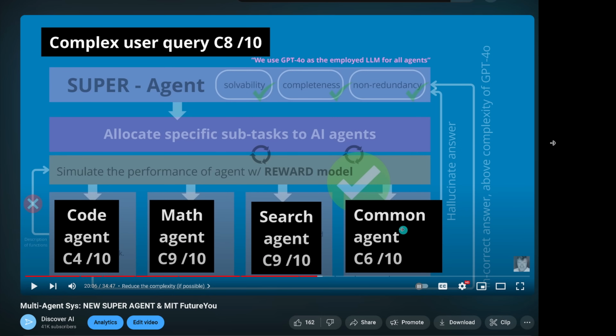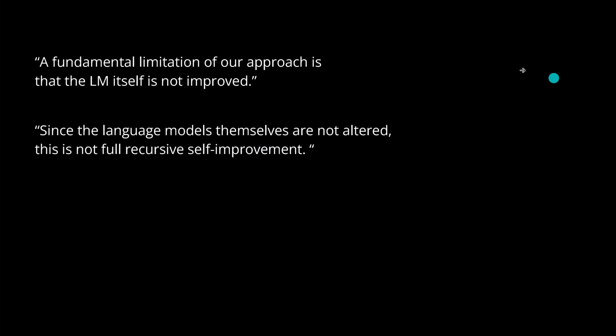You see, it is all boiling down more or less to the same architectural idea. We always have to solve more or less the same abstract logical problem. Now, Stanford tells us, hey, listen, a fundamental limitation of our published approach is that the LLM itself is not improved. And I told you this at the beginning.